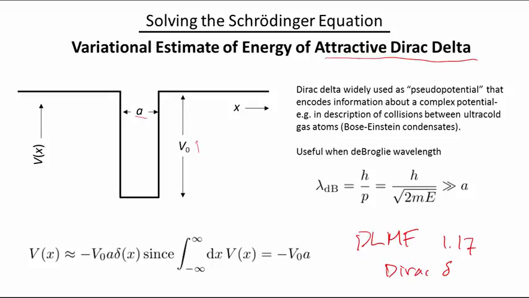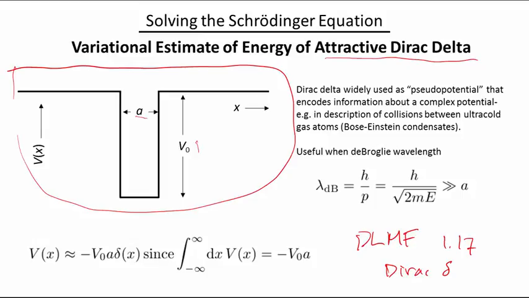If you're having trouble with the concept of the Dirac delta function, just think of it in terms of a very specific implementation like this, as an approximation of the delta function. Then by its definition, this potential is equal to minus V0 a delta of x, because when we perform this integral of the potential, the only contribution is the product V0 a with a negative sign over that finite interval.